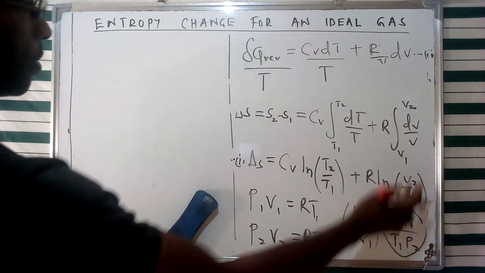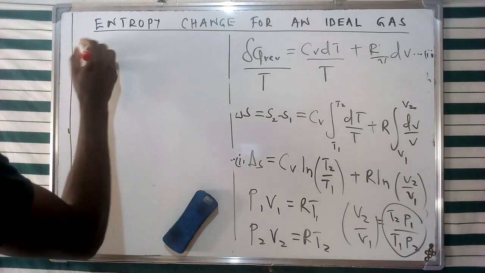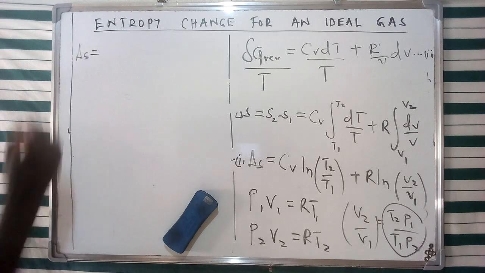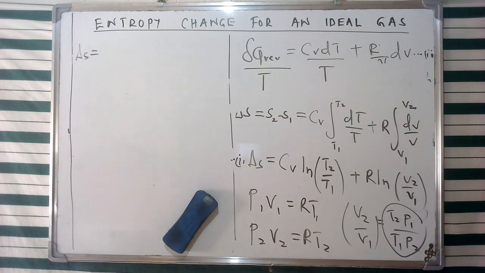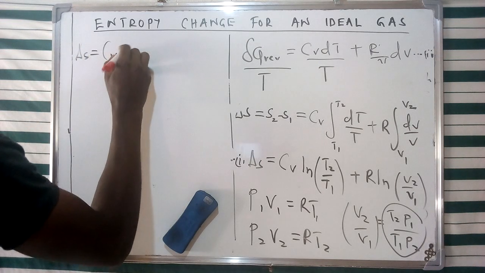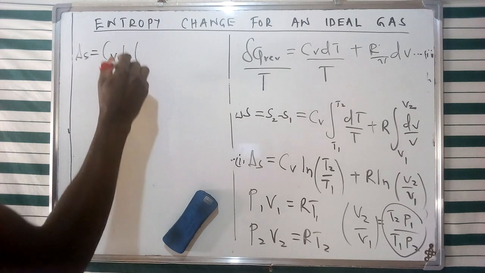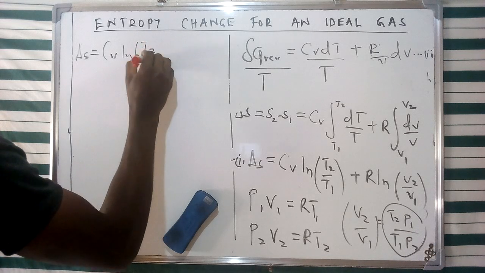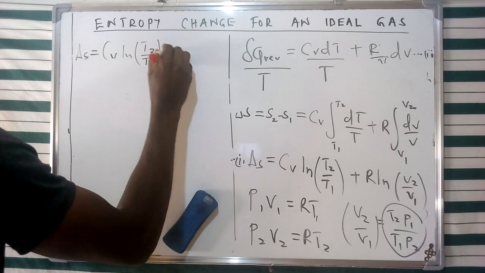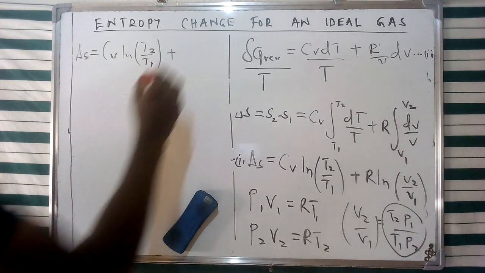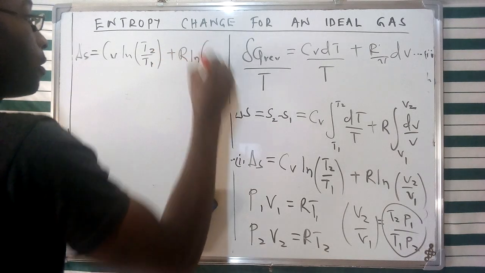If we do this substitution, we have the change in entropy represented using CV natural log of T2 over T1, plus R the natural log of V2 over V1.